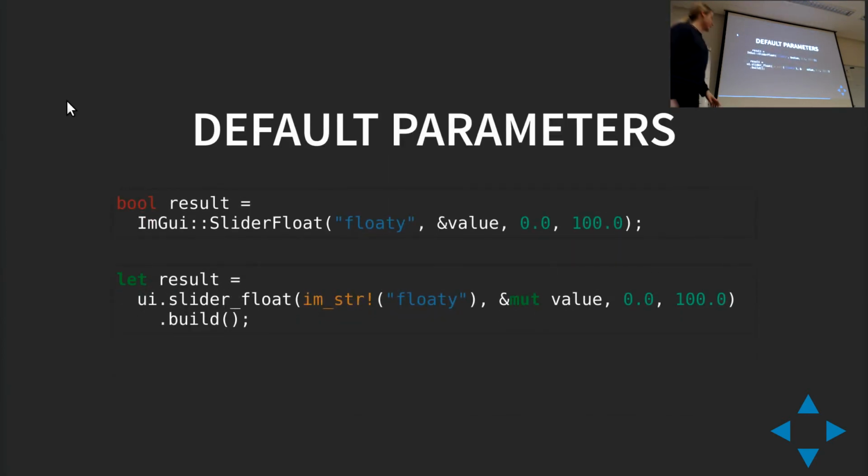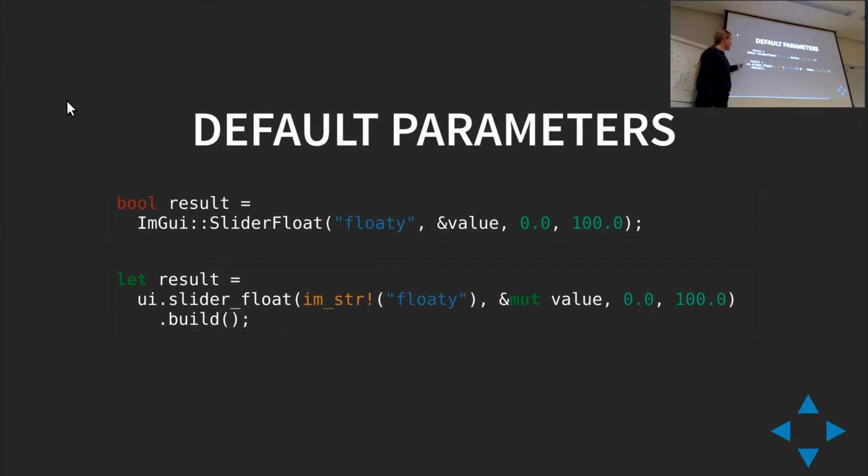So yeah, there's just a direct comparison. We are creating a float slider. So we've got some data, some float value, and we want a slider. In C++, you just pass some parameters. 0 is min and 100 is max. Because there's no named parameters, you need to also know what those mean.